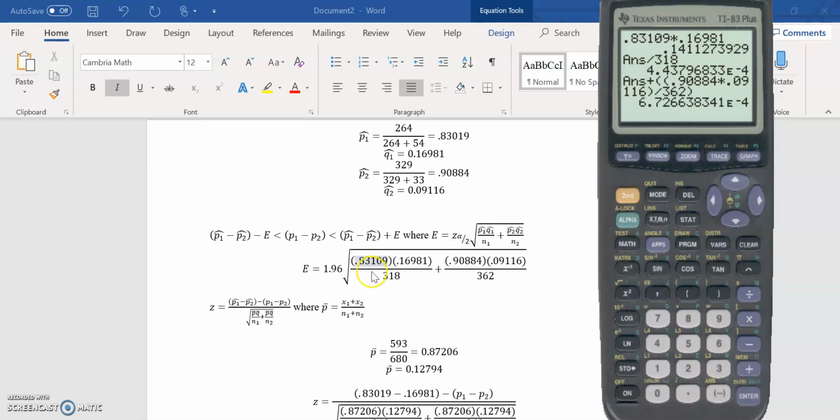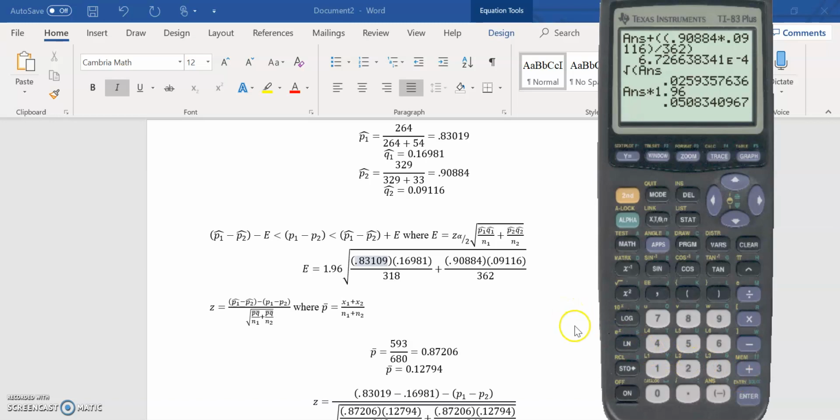This is what's under the radical, and then I'm going to take the square root. So I'm going to do the square root, and then second negative to get my answer. Then finally, I'm going to do times 0.196.